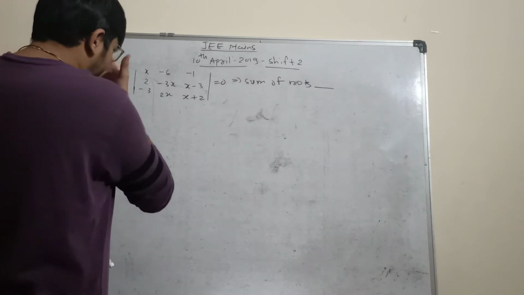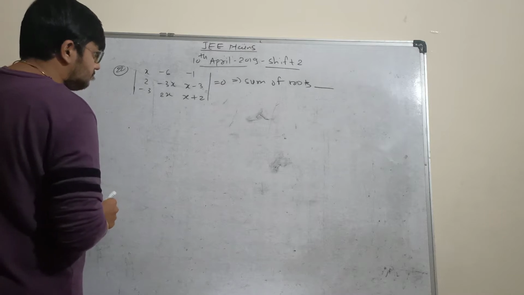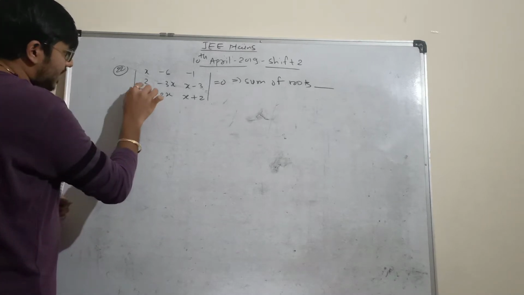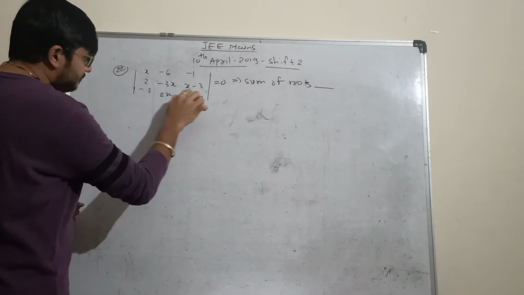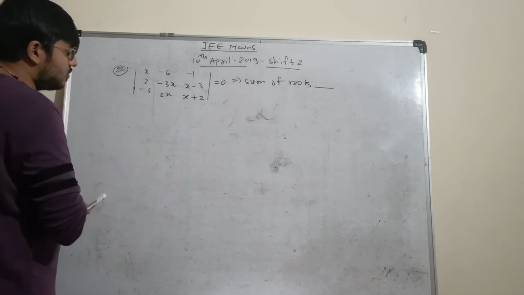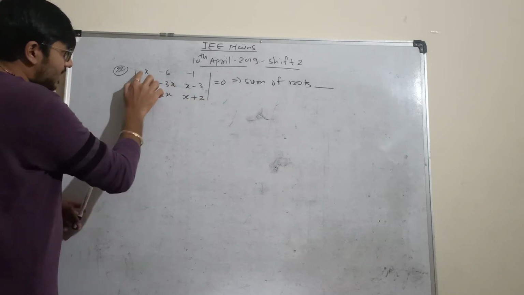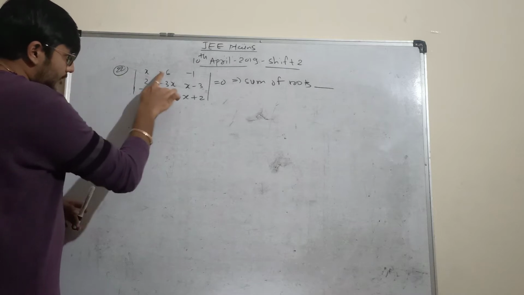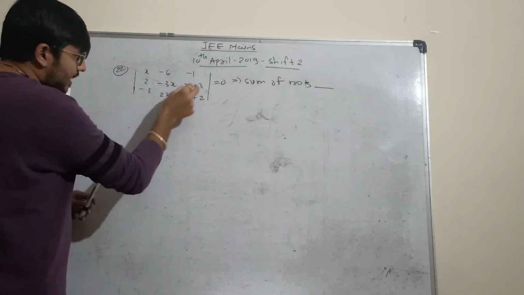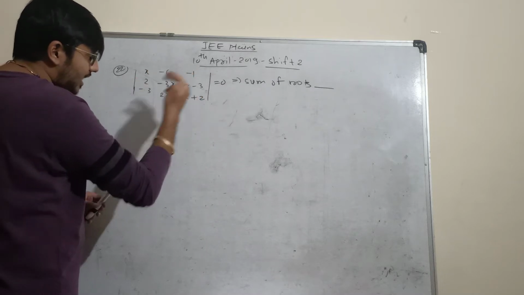Okay, so the first operation I will do: if I multiply the second row with minus 1 and add it to the first row, what will I get? I will get x minus 2, then minus 6 plus 3x, so 3 common, again x minus 2, and x minus 1 minus x plus 3, that is again x minus 2.